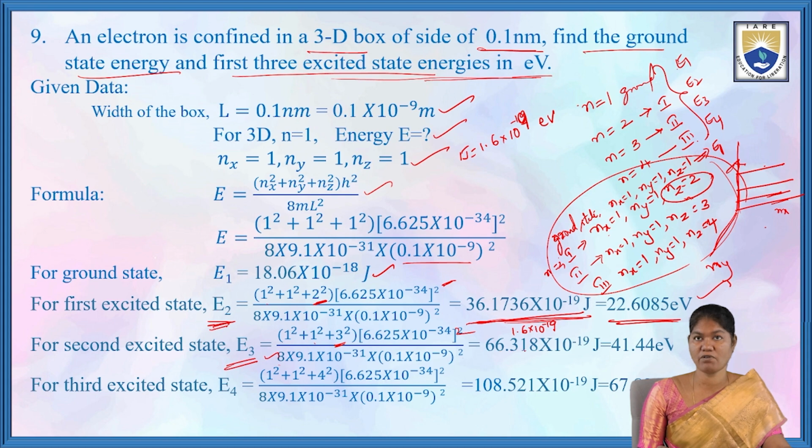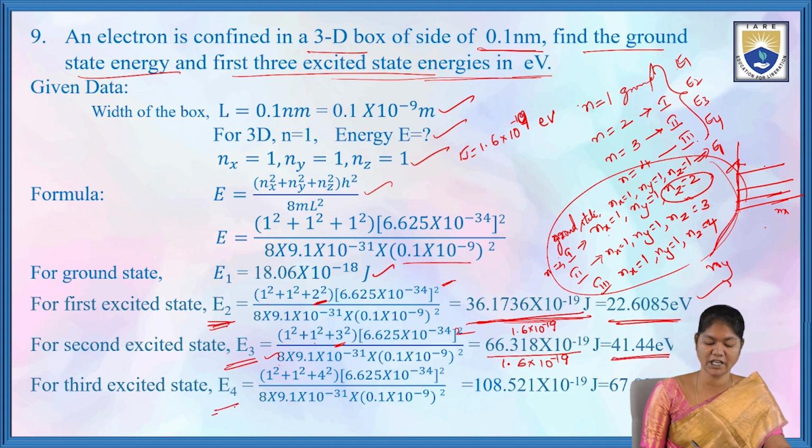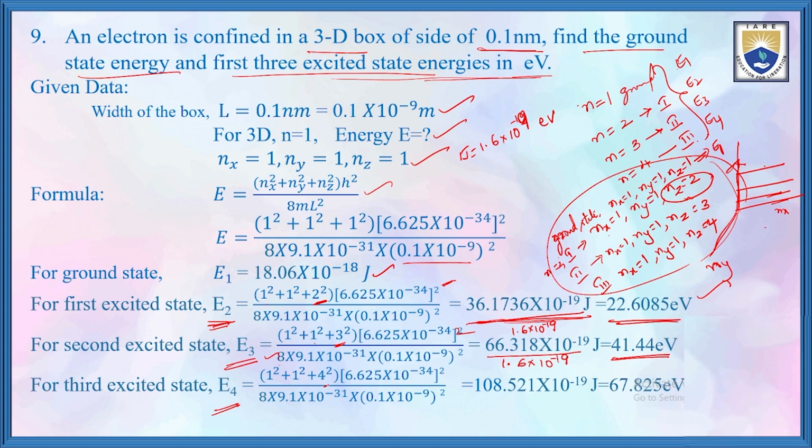So 66.318 into 10 power minus 19 joule, which is divided by this 1.6 into 10 power minus 19, equals 41.44 electron volts. For E4, it is 1 square plus 1 square plus nz equals 4, so 4 square into (6.625 into 10 power minus 34) whole square divided by 8 into 9.1 into 10 power minus 31 into (0.1 into 10 power minus 9) whole square.